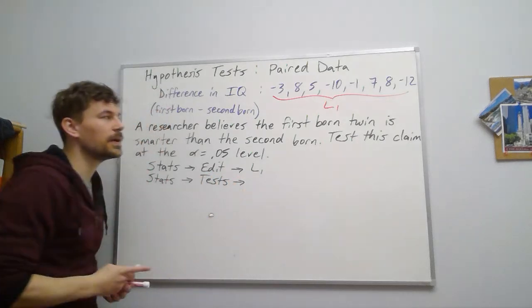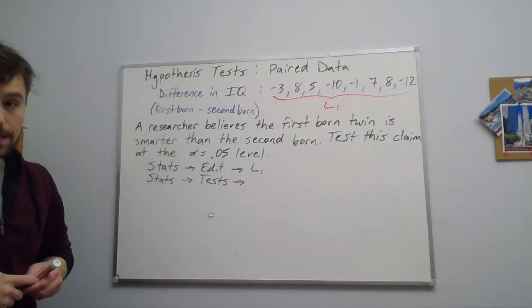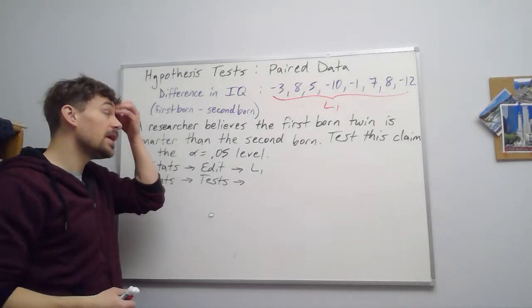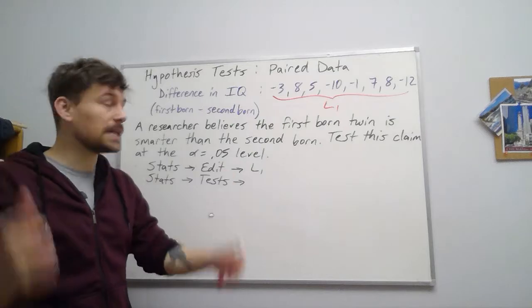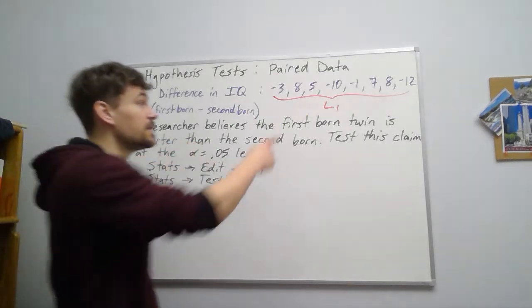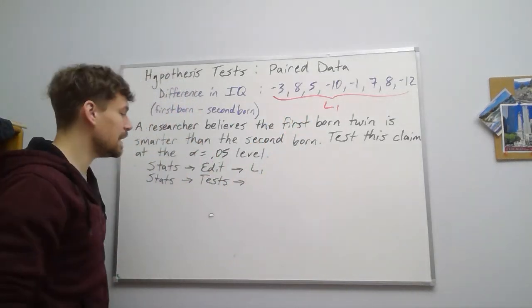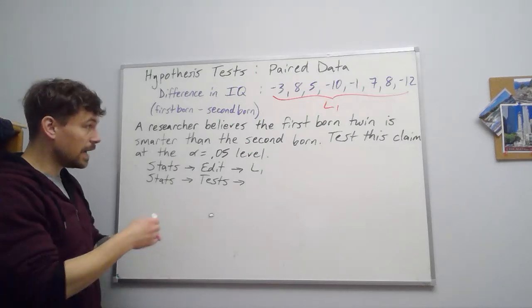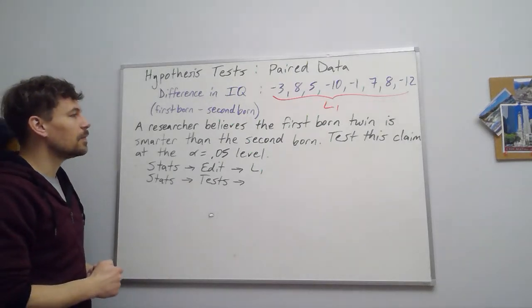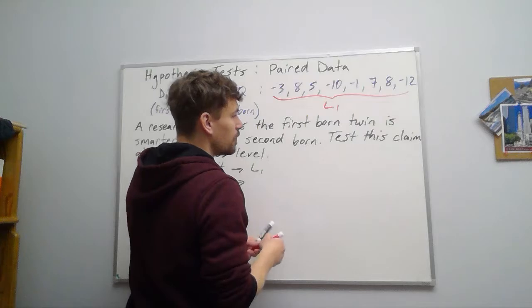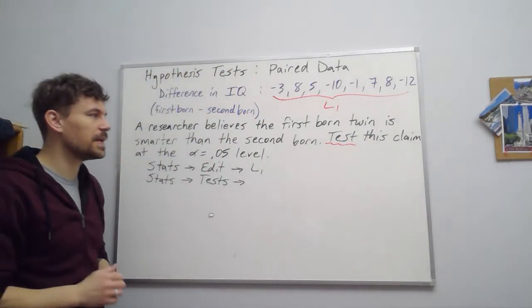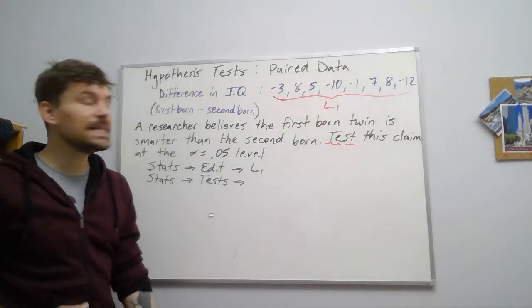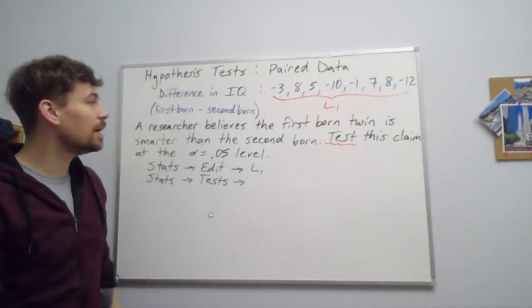We're going to figure out which test is best. Here's what we know. We don't have a two sample situation, because it looked like two samples, but we put them into a single list, one sample. And we want to run a hypothesis test. We're testing the claim. The question is then, do we use a z-test or a t-test, since we're talking about means?